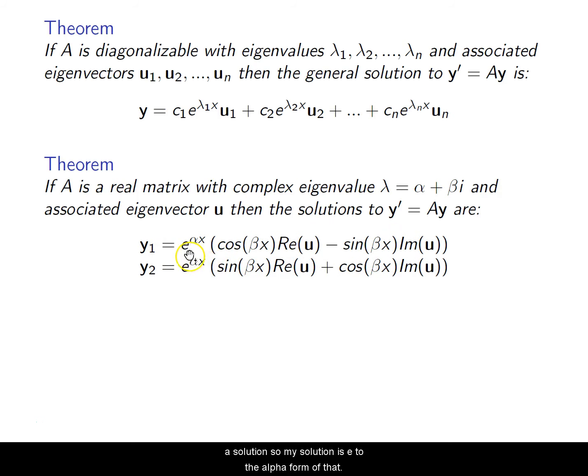So my solution is e to the alpha x times cosine of beta x times the real part of u, minus sine of beta x times the imaginary part of the eigenvector. We're not taking the negative, we're using the positive form here. If we use the negative, we have to switch everything around. And then the second half is the same thing, but we're switching the pieces, right?